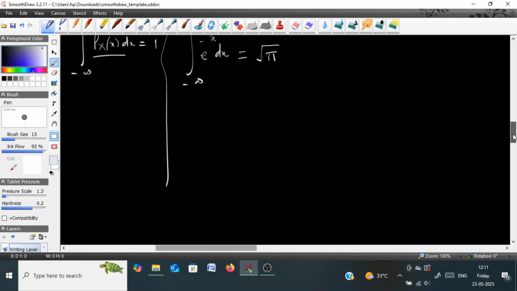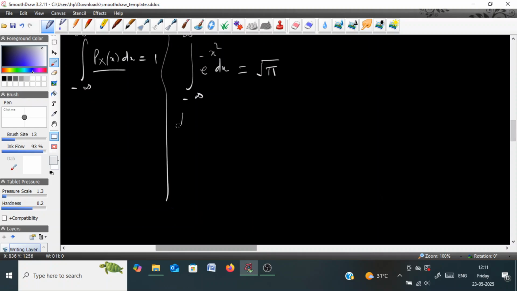Suppose I take this integral as I, then I can take I square as the integral from minus infinity to plus infinity of e raised to power minus x square dx, times the integral from minus to plus infinity of e raised to power minus y square dy.